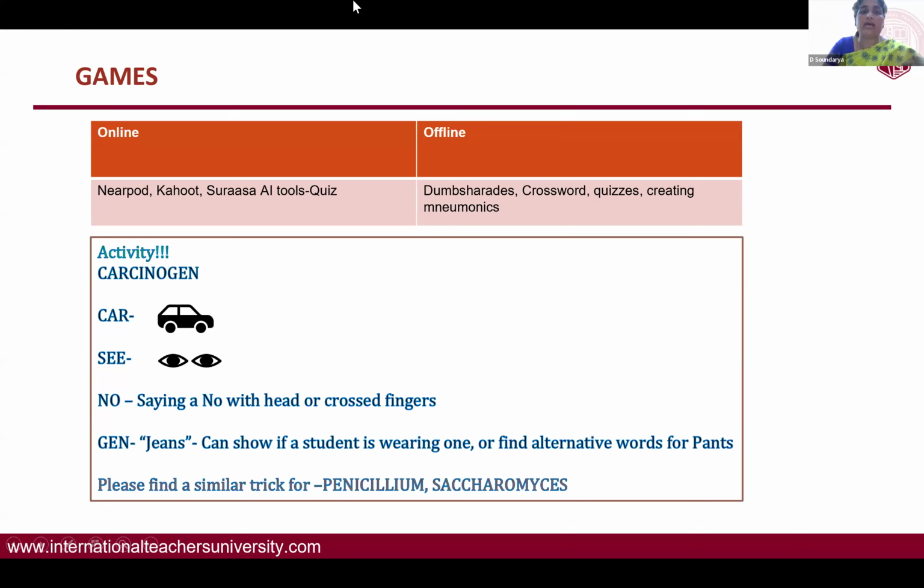You can give me your idea of how you would split these words into very simple day-to-day life words to make them memorable. You can use the chat option to give me your answers, and you can give me a simple way of segregating them into smaller bits.